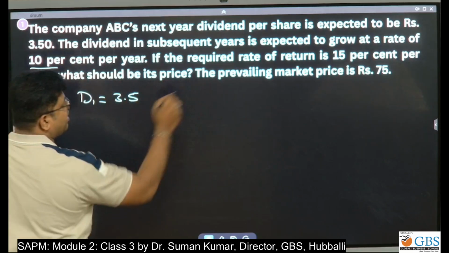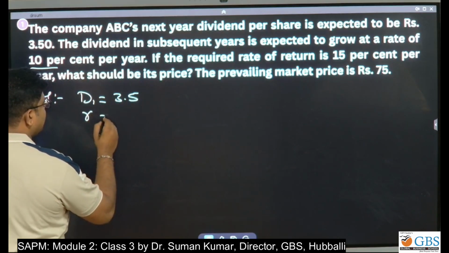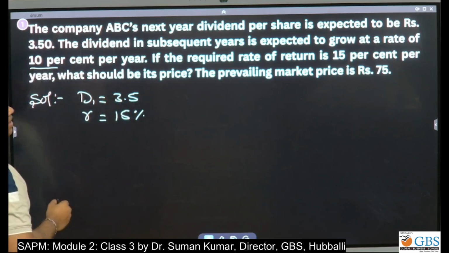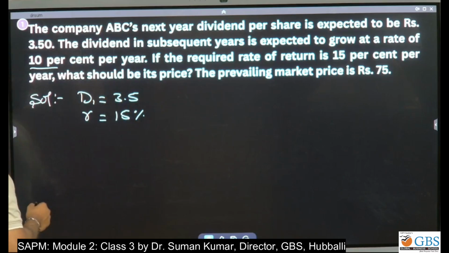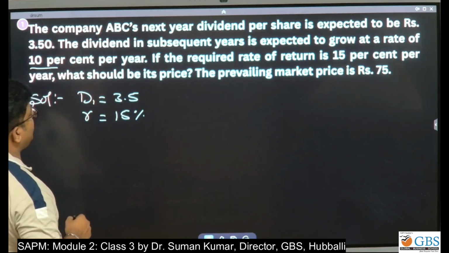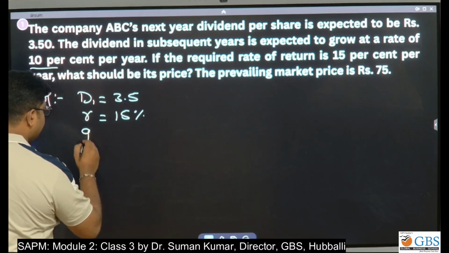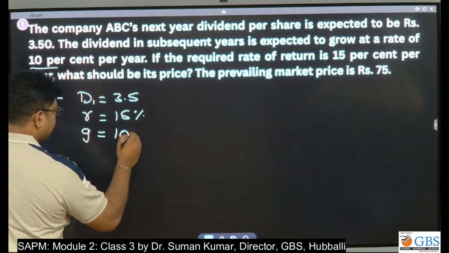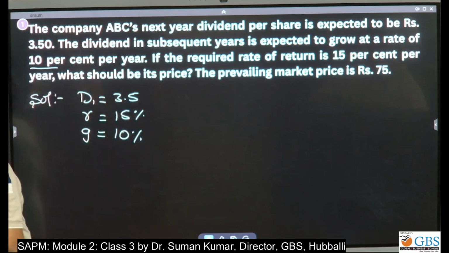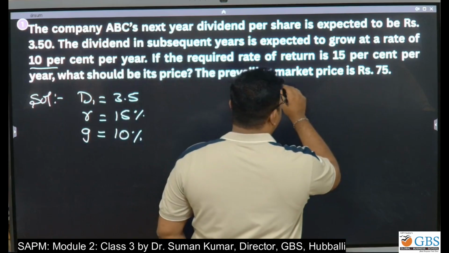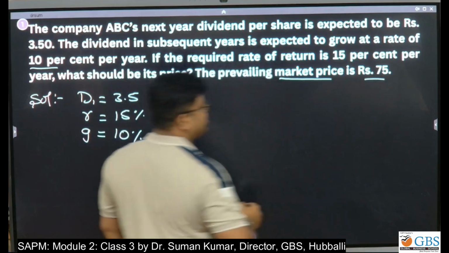If the required rate of return, R, is 15%, what should be its price? G is given, the constant growth rate is 10%. The market price is 75.